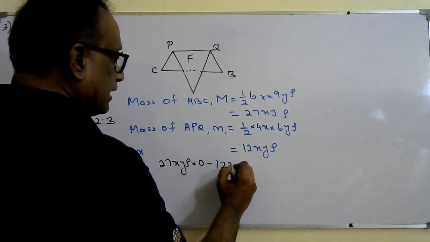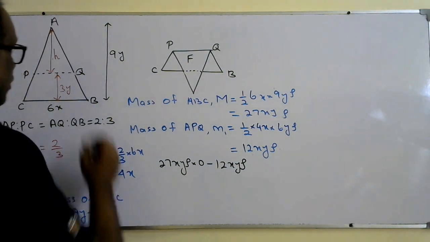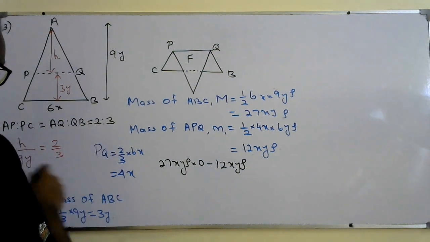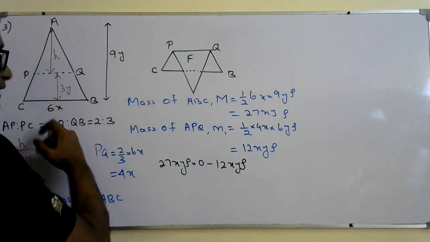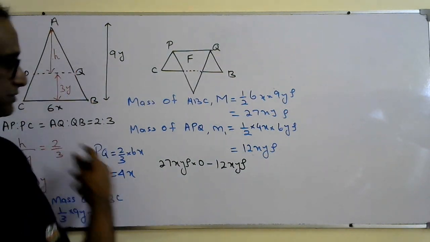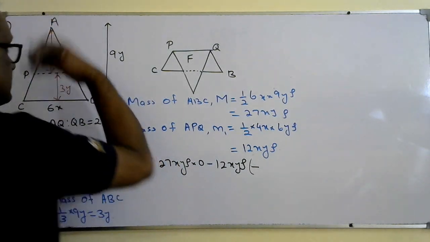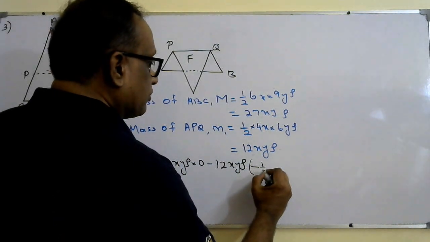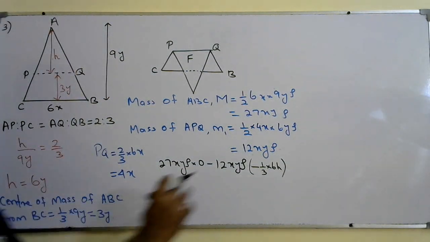Its center of mass is at a distance of 1/3 of h. H is 6y. It's on the other side. I'm going to take the downward direction positive, below PQ is positive. So it's going to be on the other side, meaning minus. So 1/3 of 6y.